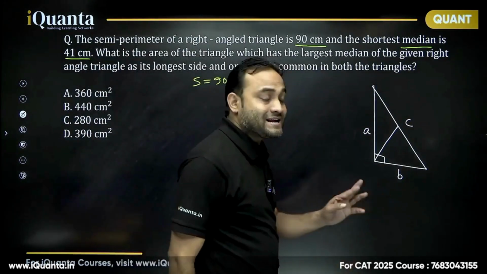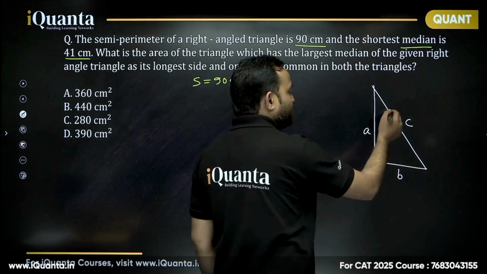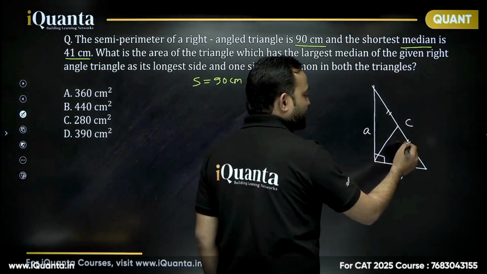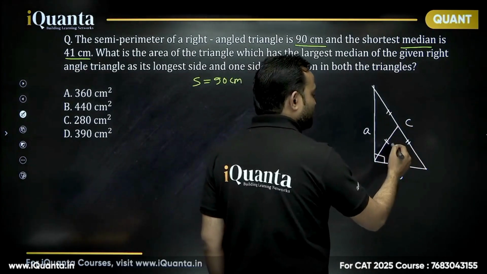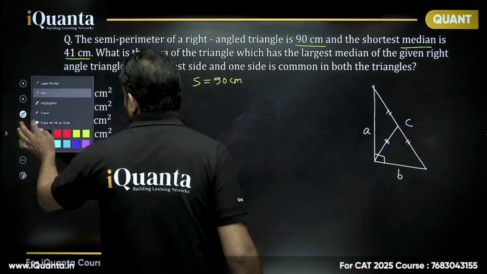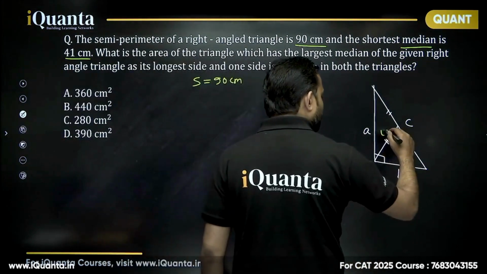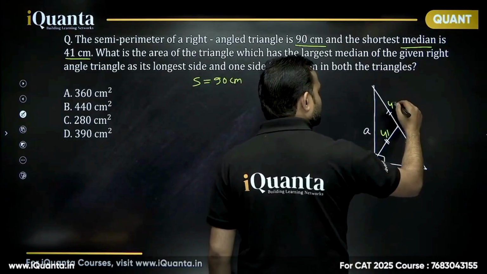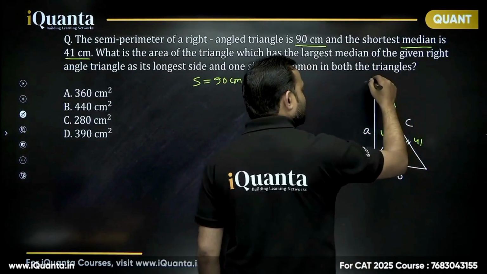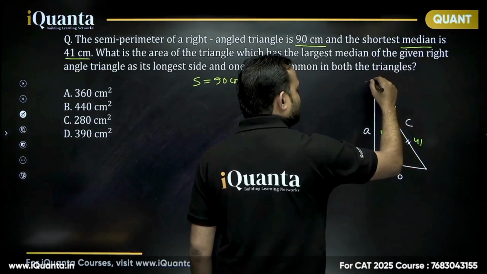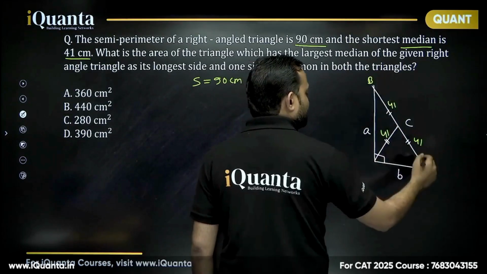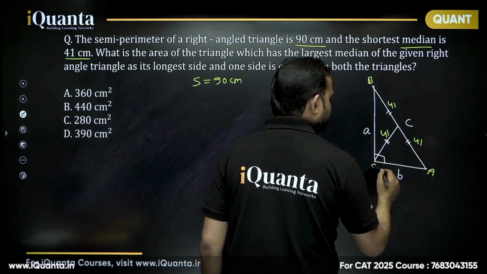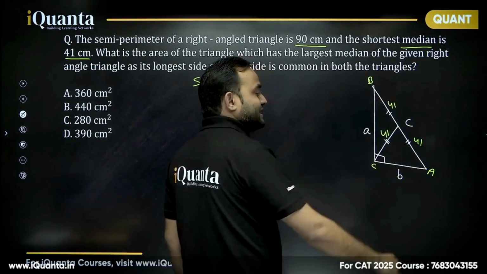In any right angle triangle, we know that the median to the hypotenuse is half of it. So all of these three will be equal. So in that case, if this is 41, this will also be 41, this will also be 41. Let's put it like this is B, A and C. So C will become 82.